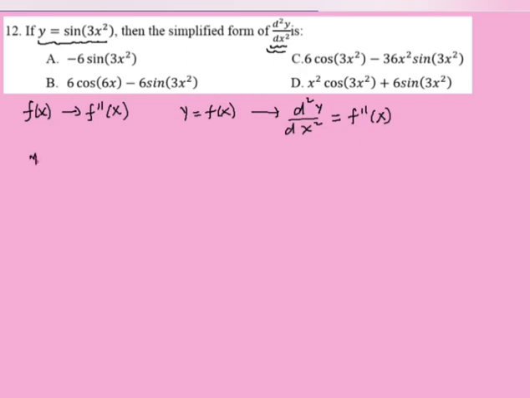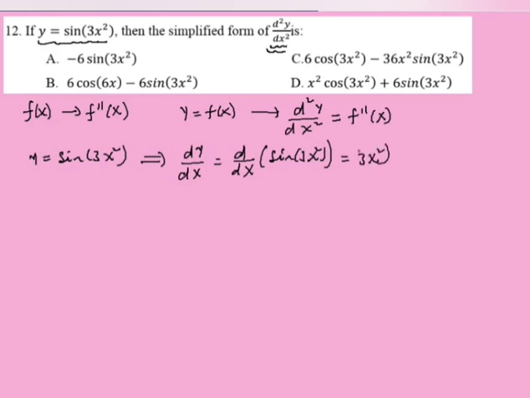So the function is y equals sine of 3x squared. To get the second derivative, we need to calculate the first derivative first. The first derivative, dy by dx, is equal to d by dx of sine of 3x squared. This is the same as the derivative of 3x squared times cosine of 3x squared.